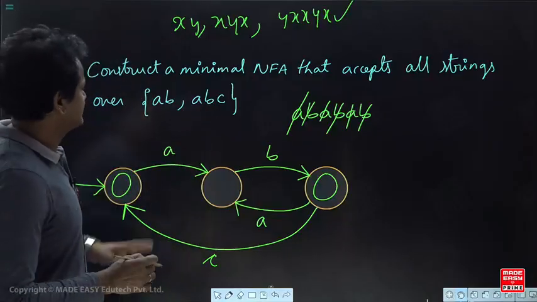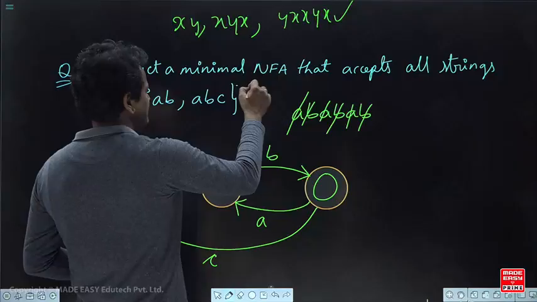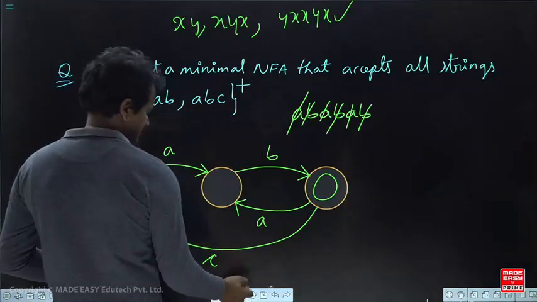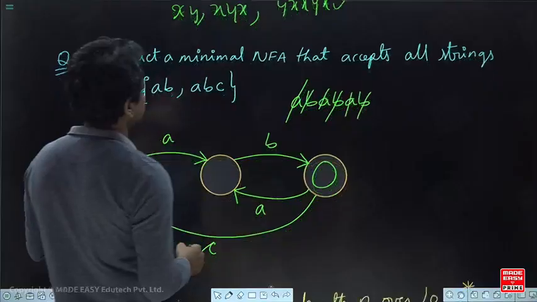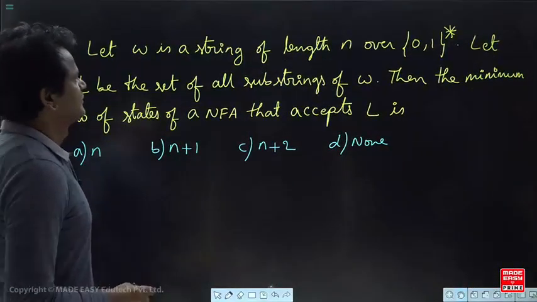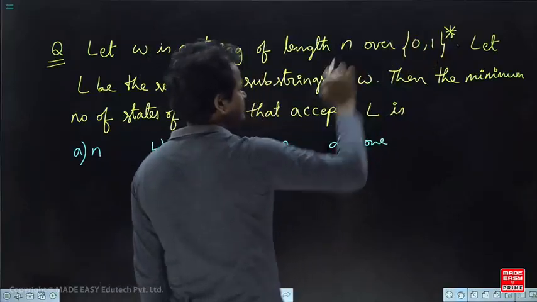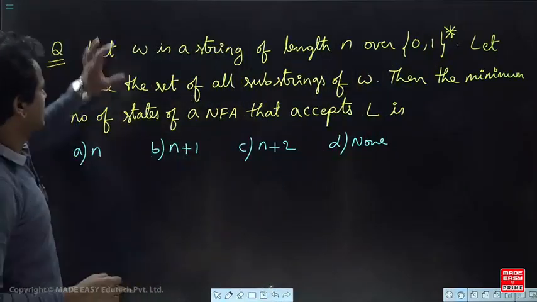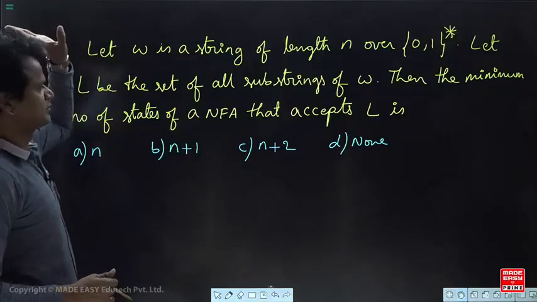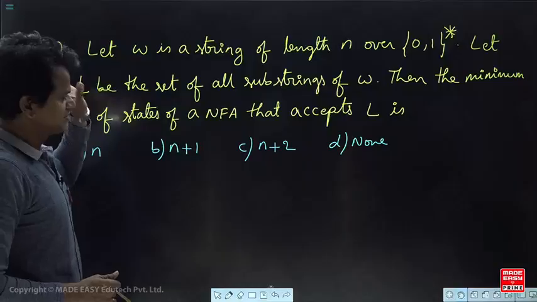If I say over, then epsilon is not there. So all strings over {0, 1} or {0, 1}* means including epsilon. W is a string of length n, L is the set of all substrings of W. Then consider the NFA, the minimum number of states to accept L.